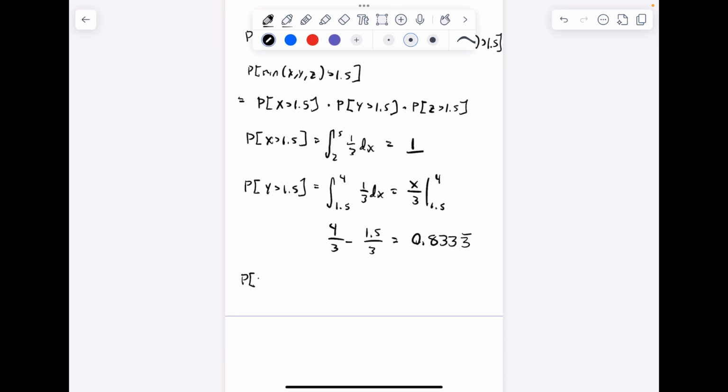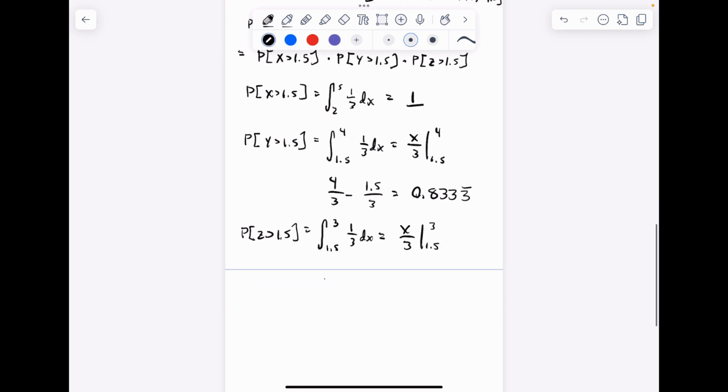Lastly, probability that z is greater than 1.5. From the 0 to 3 interval, we have 1.5 to 3. x over 3, 1.5 to 3. 3/3 minus 1.5 over 3 gives us half again.